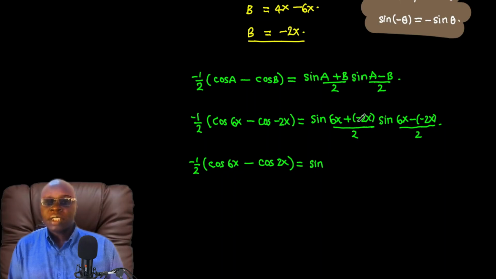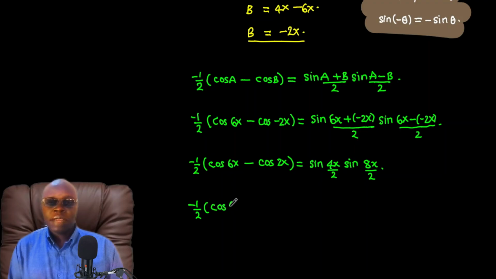So 6x minus 2x, we have 4x here over 2 times sine of, now negative times negative is positive, so we have 6x plus 2x making 8x. So we have here 8x over 2. So let's divide these angles to obtain something similar to our question, and we go ahead and integrate.